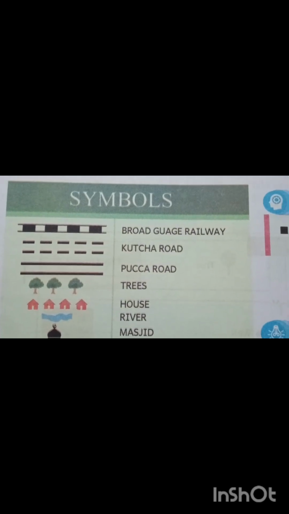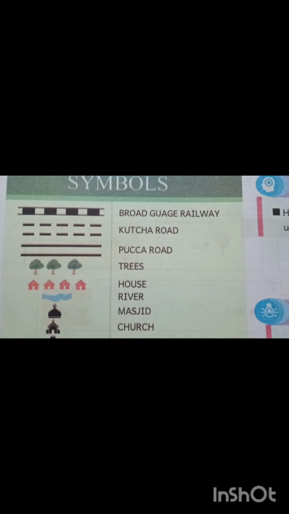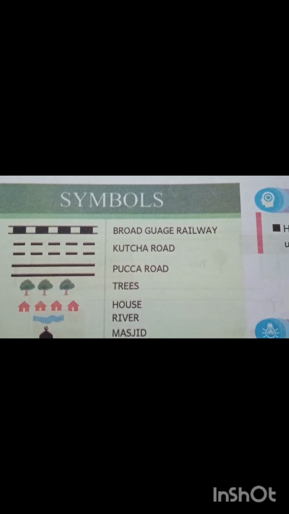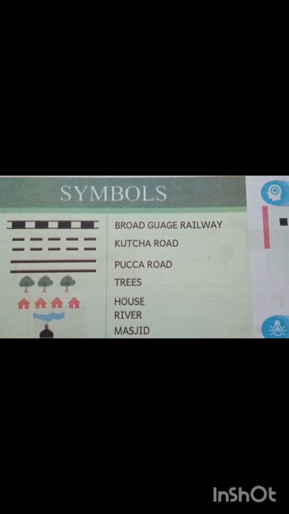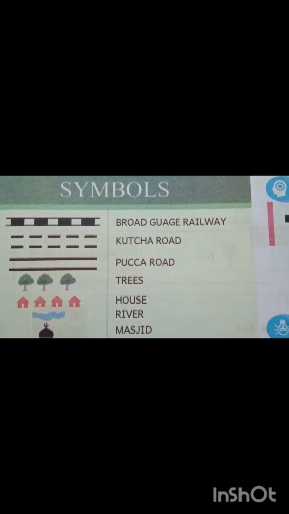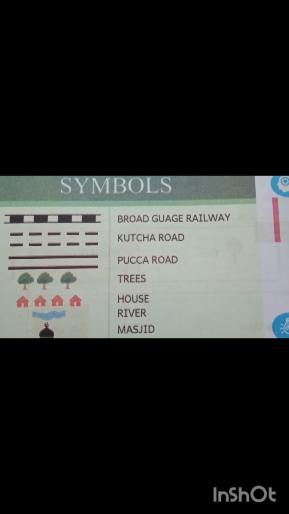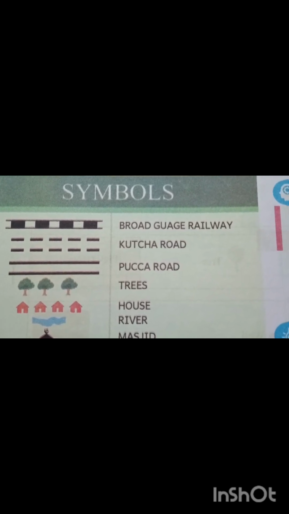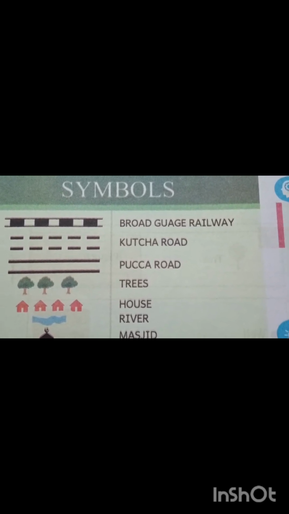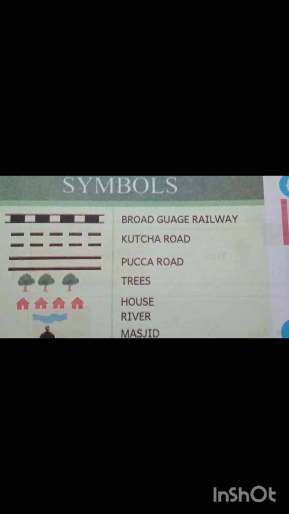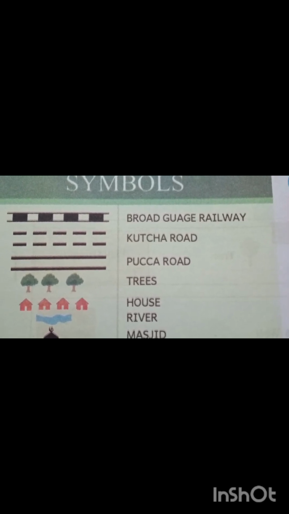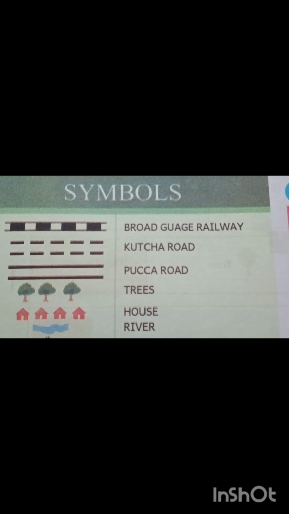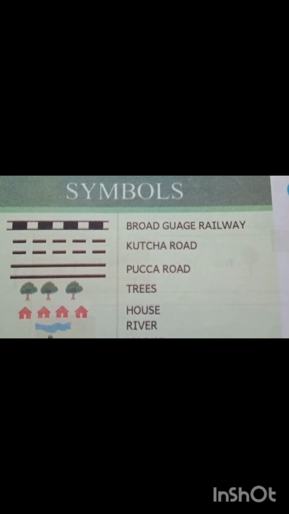Now, we are going to know about some of the important symbols. The white and black, what we are seeing, is called the symbol that indicates broad gauge railway. And second one, if we observe the lines, is called Kacha road.